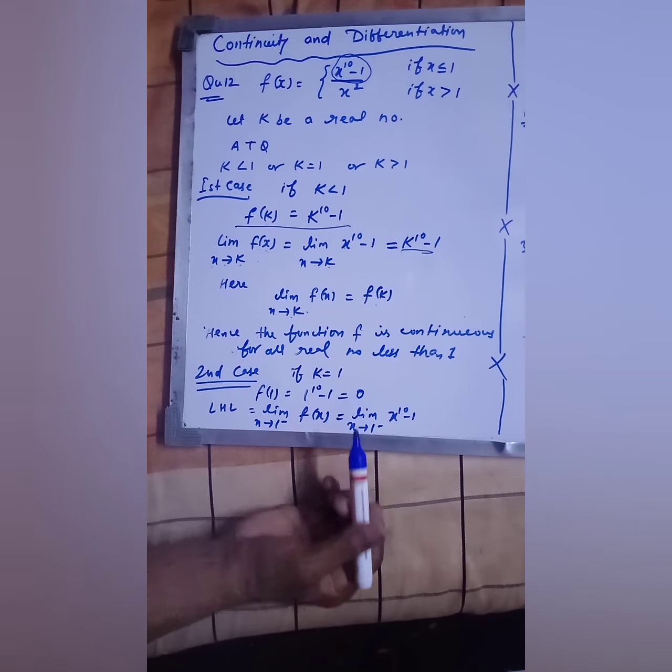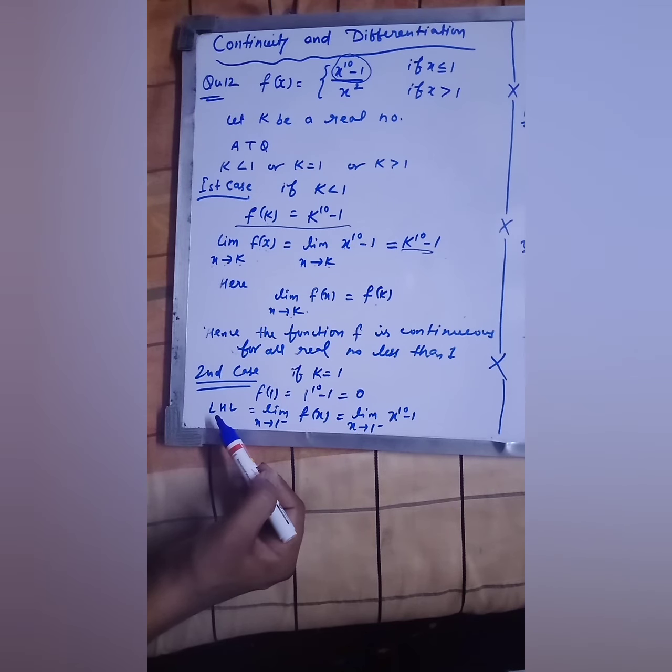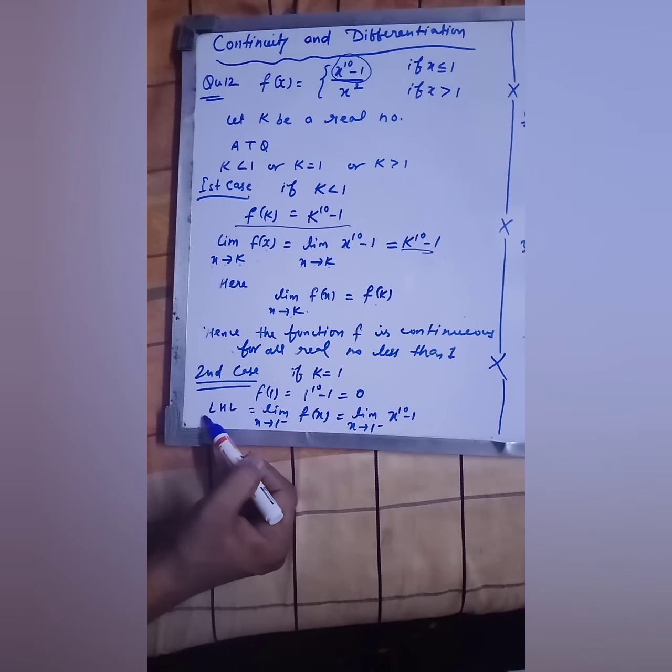Fine. Then you have to take the left hand limit. In the left hand limit, concentrate properly, because this is a very important question and a little bit tricky. If you understand the steps, then you are able to solve it. So now I am finding the left hand limit.